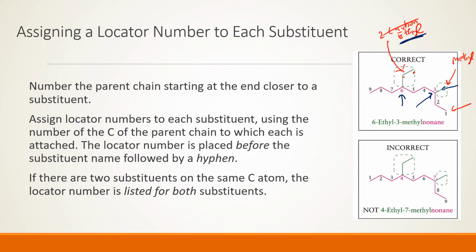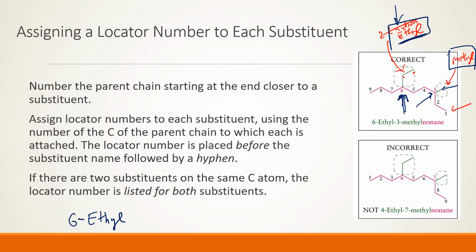For example, we have ethyl and methyl. Alphabetically E comes first, so we will write ethyl first. Before the name of the substituent we will write the locator number. Ethyl is located at number 6, so it will be 6-ethyl.